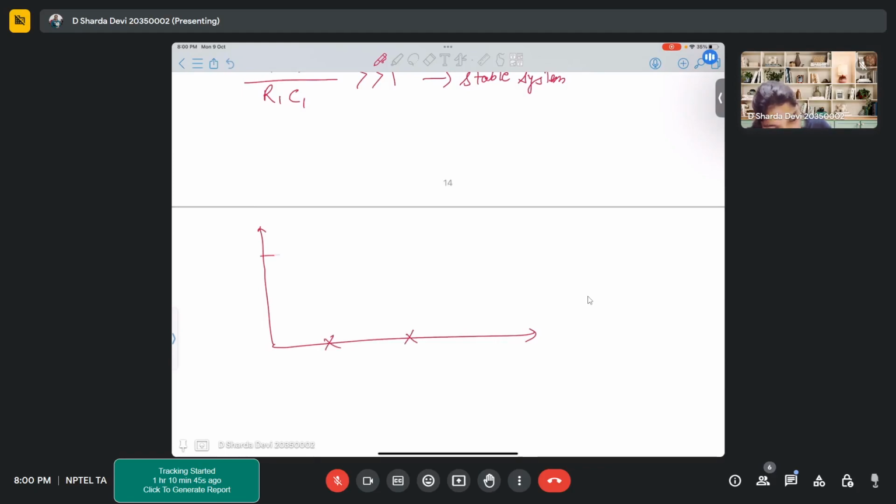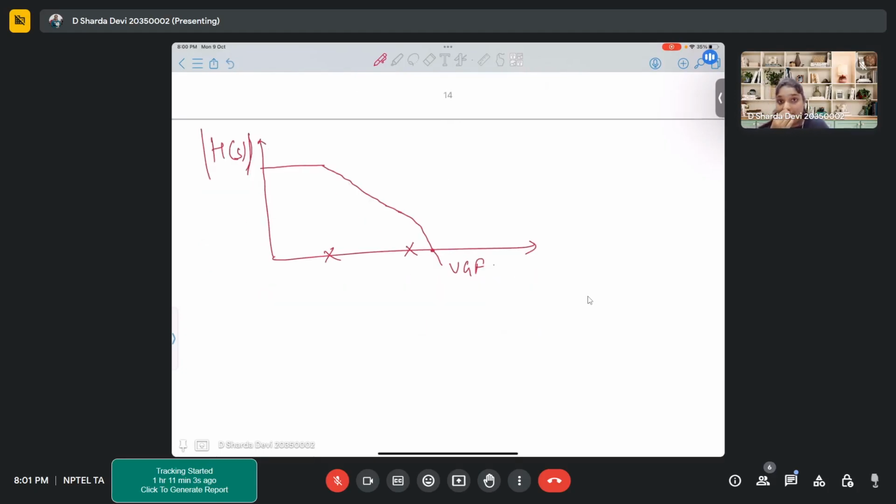So you have one pole, you saw a drop, then there was another pole which introduced a further drop, and this is where you got your unity gain frequency, right? So both the poles are coming inside your unity gain frequency.